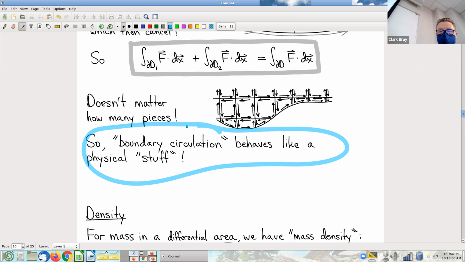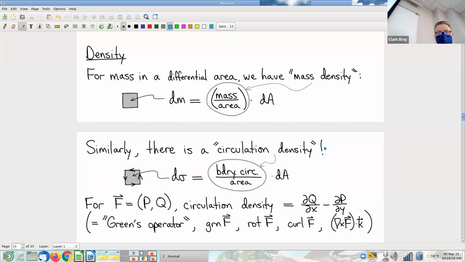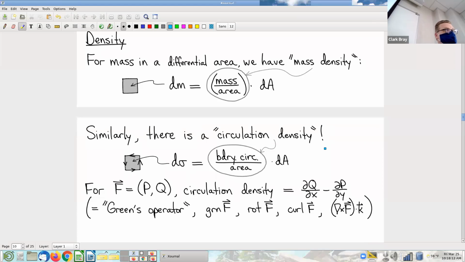Okay, with that idea noted, we can make sense of what we mean by a density, since we can talk about boundary circulation as accumulating over the interior. There's a bunch of little pieces of boundary circulation all over the interior. I can look at individual ones, for example, let me do this with the pencil.